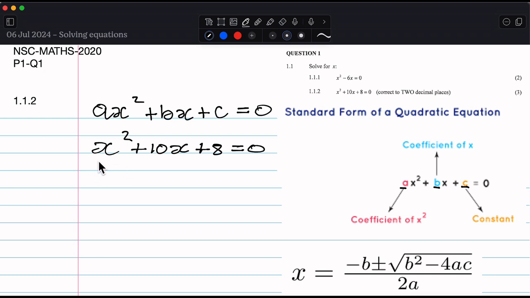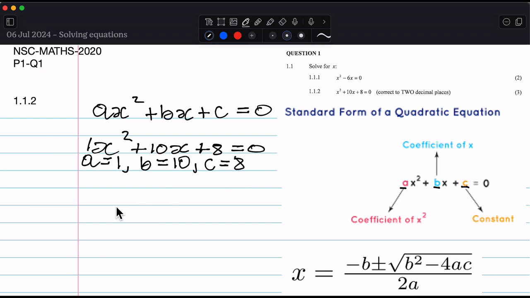So let's identify our a. Remember, if the coefficient is not written, we know that the coefficient is 1. So our a here will be 1. B is positive 10. C is equal to positive 8.